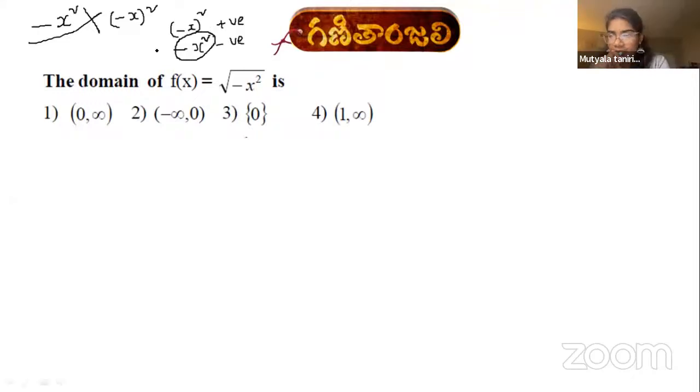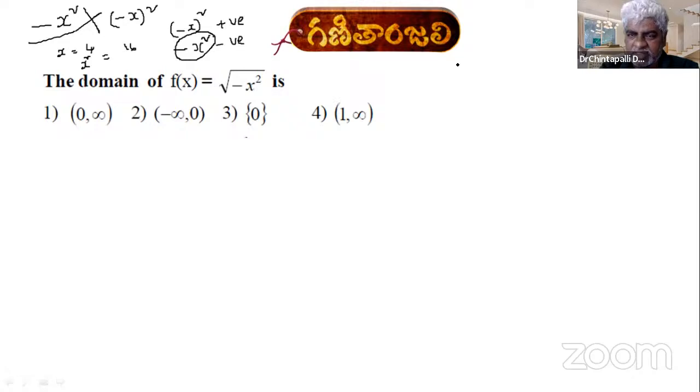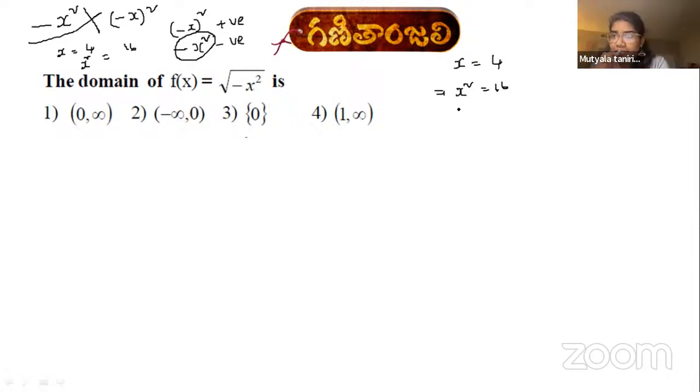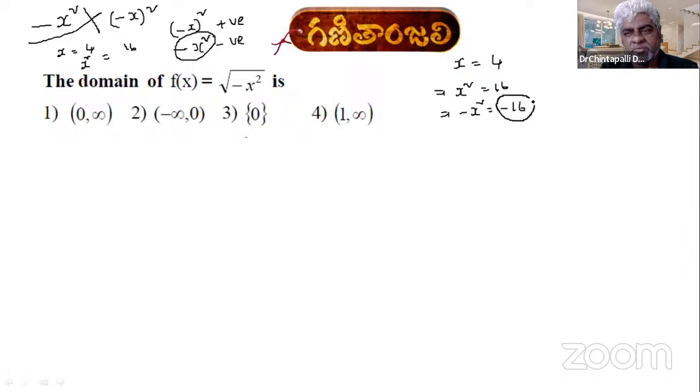For example, x is equal to 4, x square is equal to 16. Multiply both sides by minus: negative x square equals negative 16. Is negative 16 positive or negative? Negative.